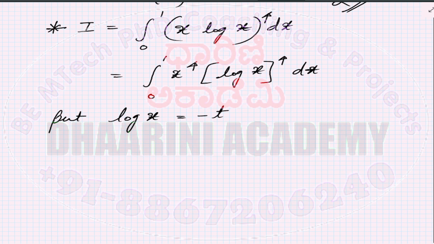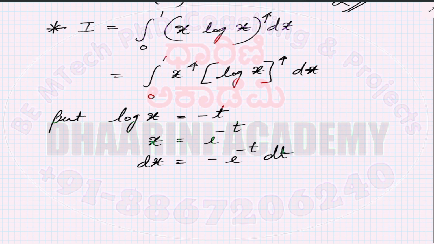Now if you put simply log x equal to t, I am not able to bring the e to the power minus t format. So for that reason, I am going to put this as minus t. Taking anti-log, x becomes equal to e to the power minus t. I also have dx. So dx equals minus e to the power minus t dt.